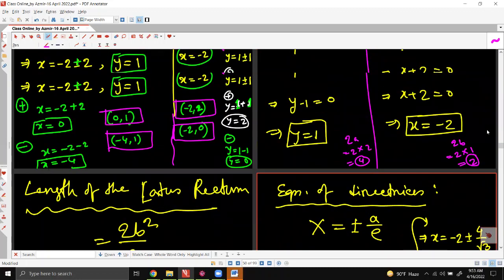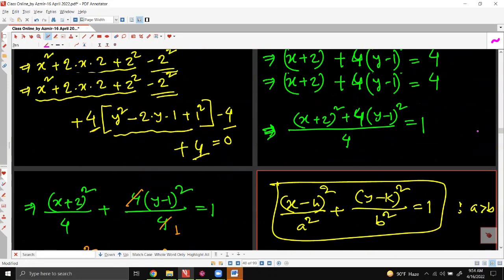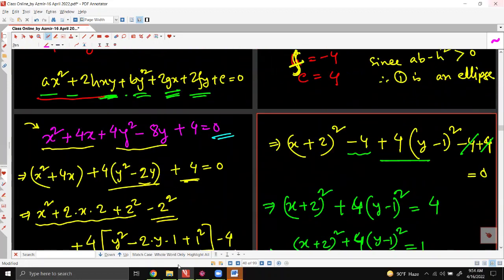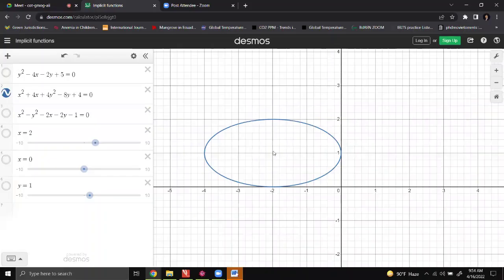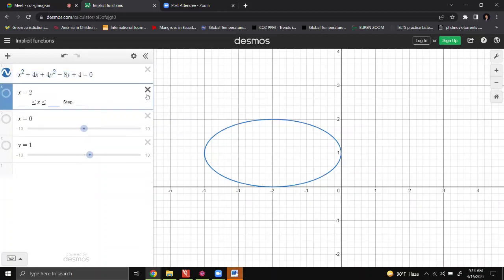So this is how we can analyze an ellipse. So let us have a look on the graph of this ellipse. You can see we have the graph of the ellipse: x squared plus 4x plus 4y squared minus 8y plus 4.